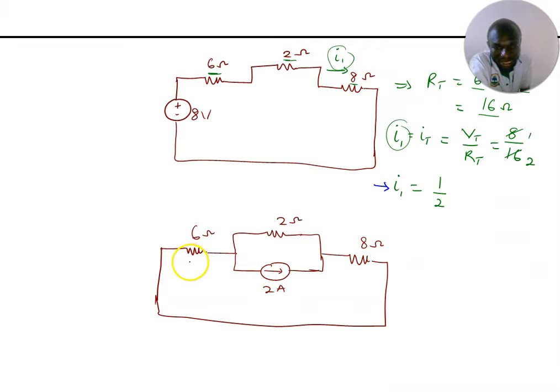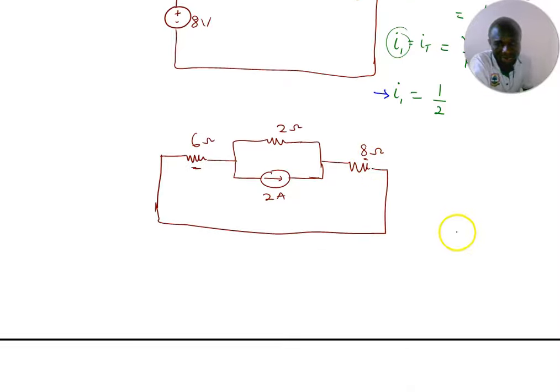You can see the 6 ohms and the 8 ohms are in series. So this circuit can further be reduced. How will it be reduced? It's going to be something like this. I have a resistor in parallel with the 2 amps current source.